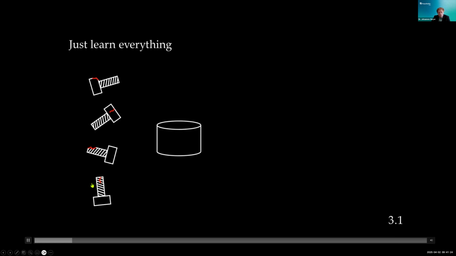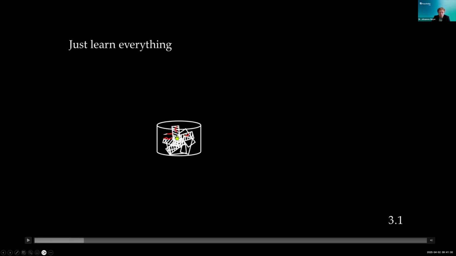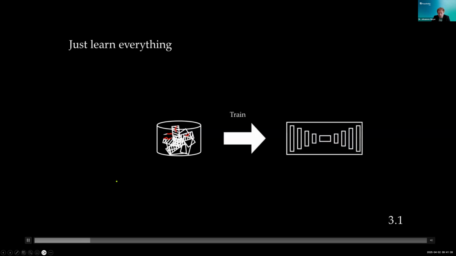So what you would need to do is get a large amount of example defect images of all the kinds of defects that might occur in your application, collect them in a big database, and then use them to train an adequate machine learning model.